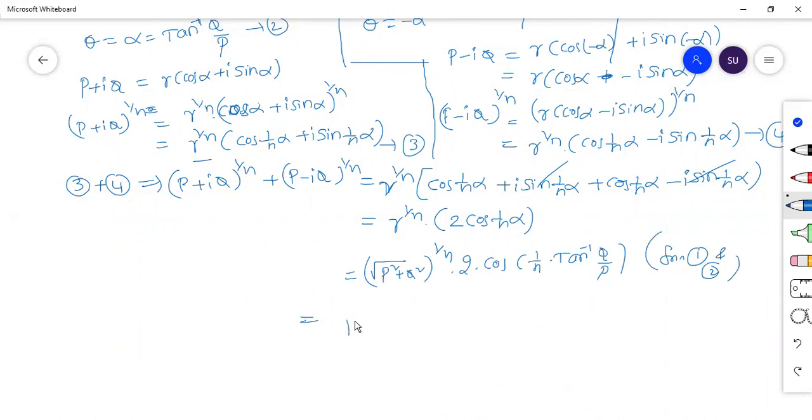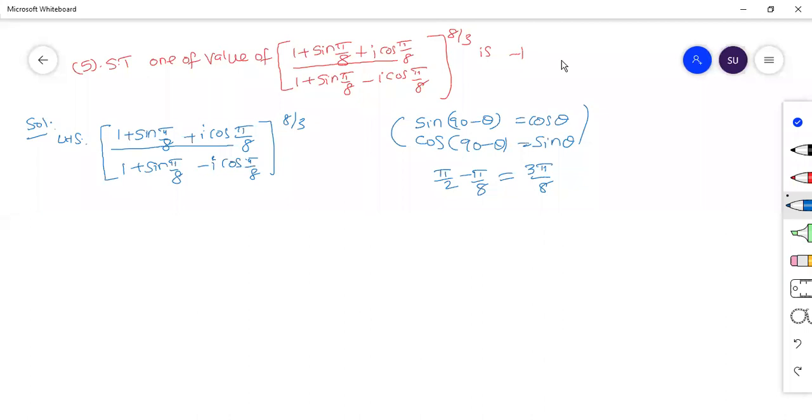Power 1 by 2, correct? (p square plus q square) power 1 by 2 power 1 by n, which means power 1 by 2n. 2 right outside, cos of (1 by n) tan inverse q by p, hence proved. So this is the solution. By practicing, you will understand and you can clearly solve it.